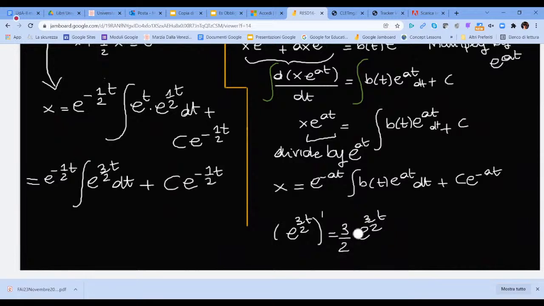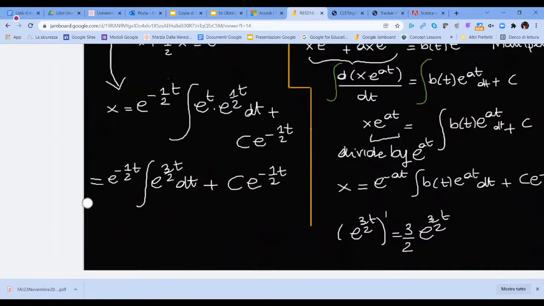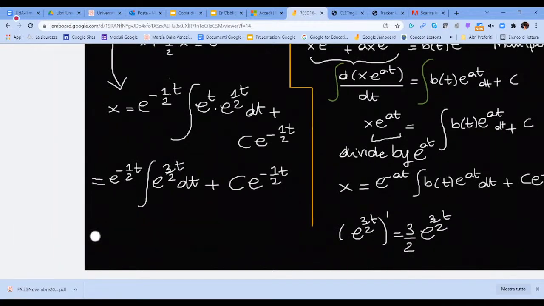Okay, so that means we are missing 3/2, and we can put 3/2 inside the integral multiplied by 2/3, or write directly, in this case, the primitive function of e to the 3/2 t multiplied by 2/3.